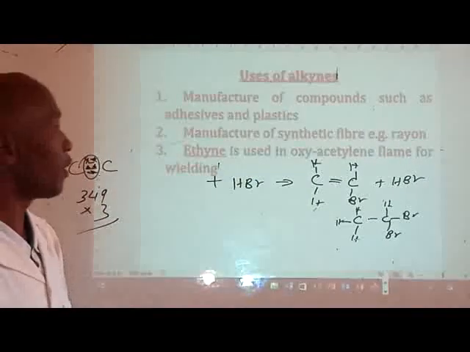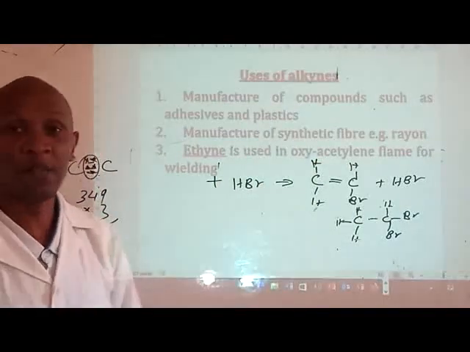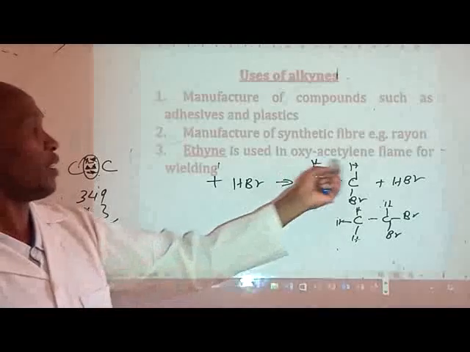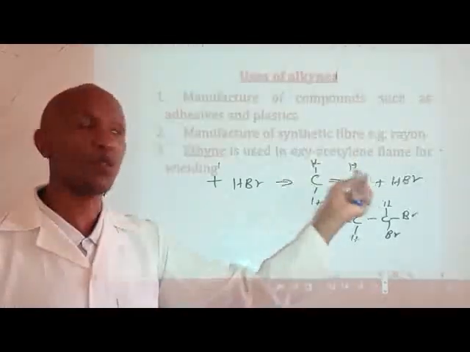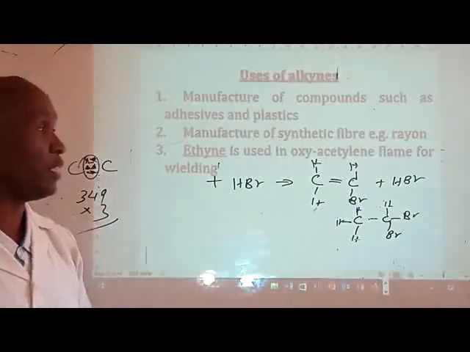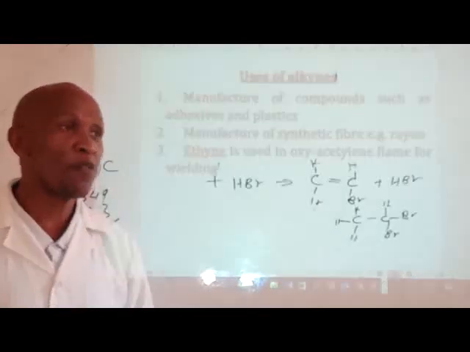So you can use it to manufacture plastic. It is used to manufacture synthetic fibers like rayon, and ethyne is used in this familiar use, the oxyacetylene flame in welding.